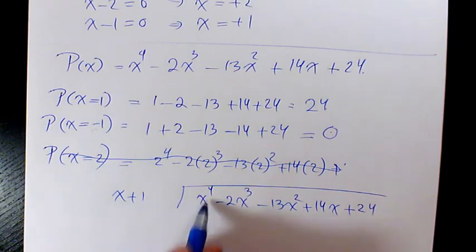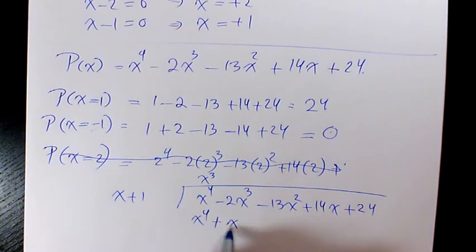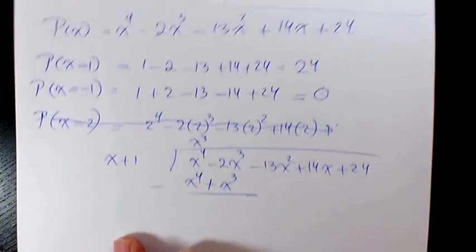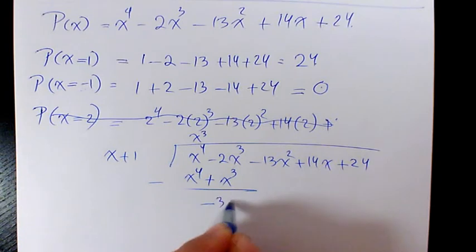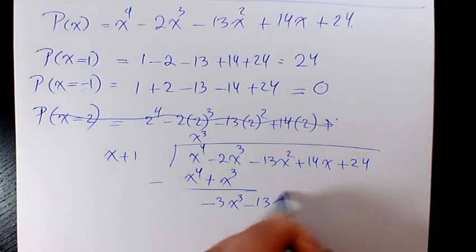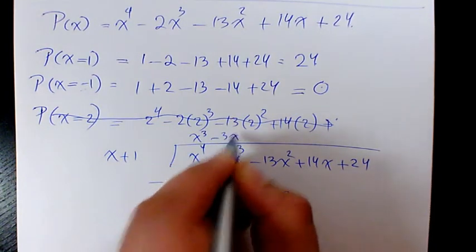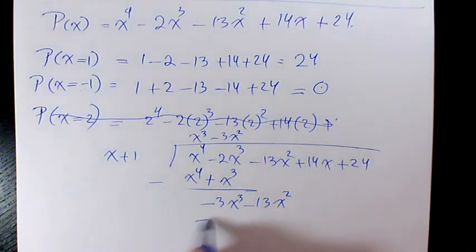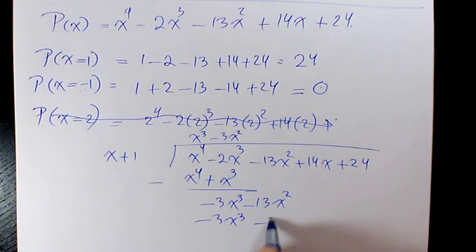When you divide it, x to the power 4 divided by x is going to be x cubed. Multiply that, it's going to be x^4 plus x cubed. You subtract it, it's going to be negative 3x cubed minus 13x squared. Divided, negative 3x squared. We need negative 3x cubed minus 3x squared.